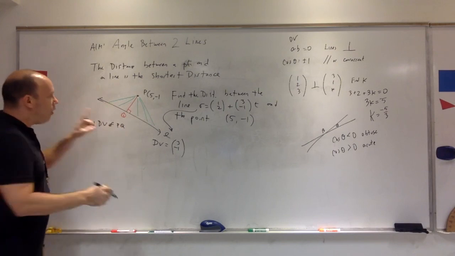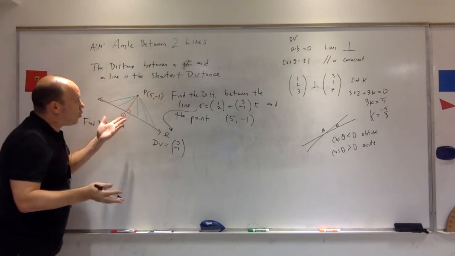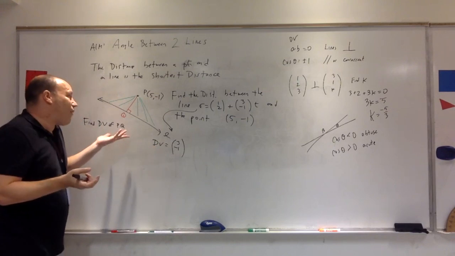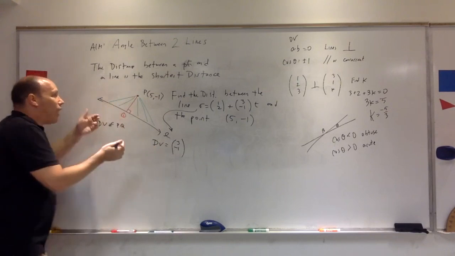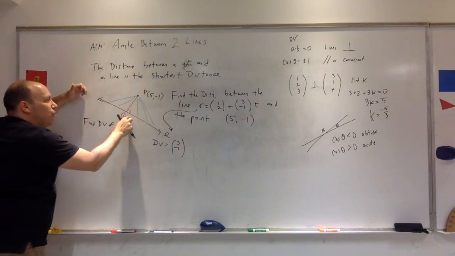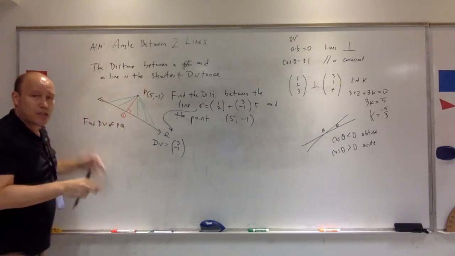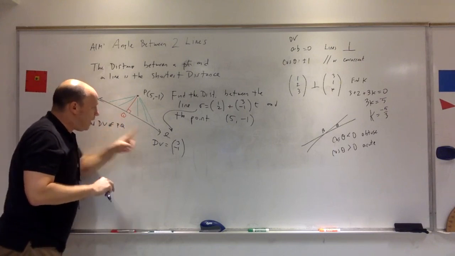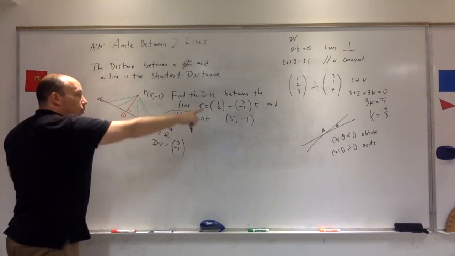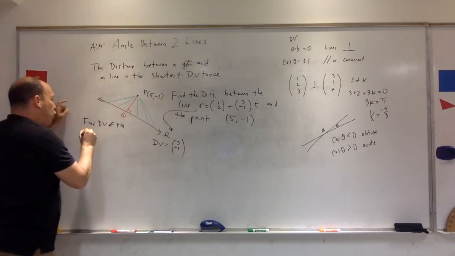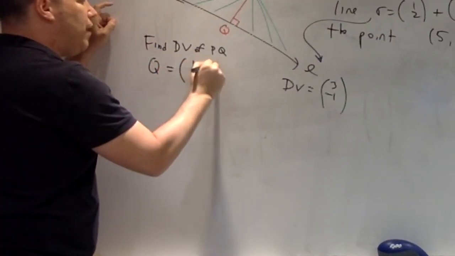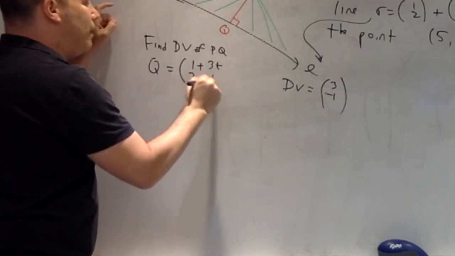Well, first of all, I need to know the change. The direction vector is like the slope between 2 points, so I need to find the change from P to Q. I know P is (5, negative 1), but what's point Q? Well, we've discussed this before. Point Q is on this line, so it's some t jump. So Q is actually (1 plus 3t, 2 minus t).